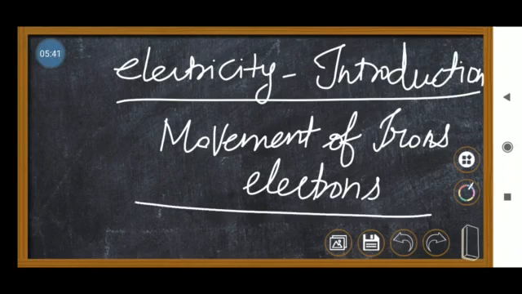Generally we say current, but in science we say electricity. So the movement of ions or electrons is called electricity.